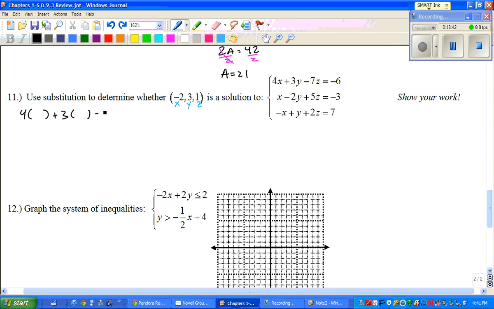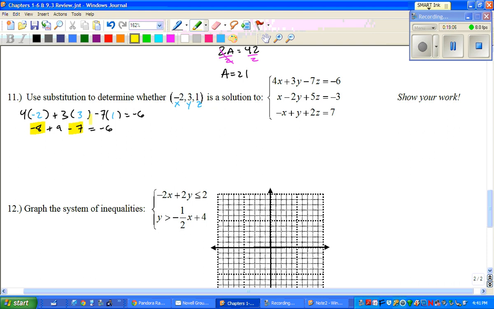Minus 7 equals -6. So this is what we're trying to find out. So I'm plugging in -2, 3, and 1. So we get -8 plus 9 minus 7 equals -6.